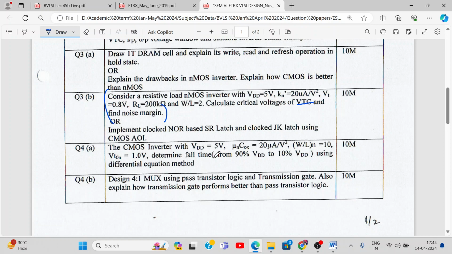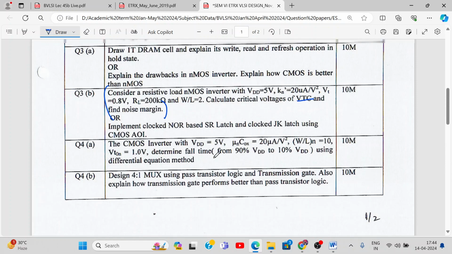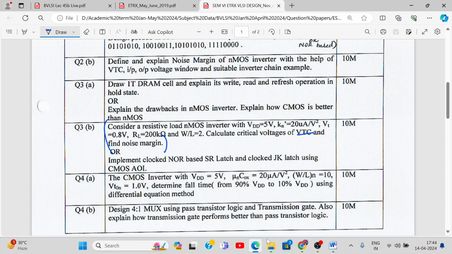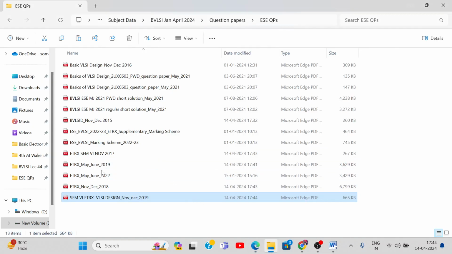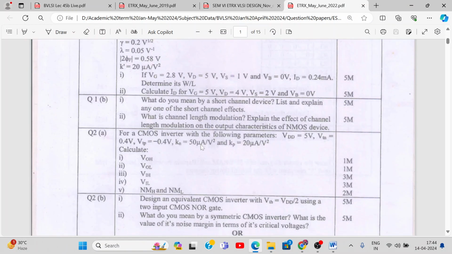Yeah, here this is something different related to propagation delay. So here they have not asked the numerical on CMOS inverter. Let us see one more. June 2000 maybe. Yeah, see this again.